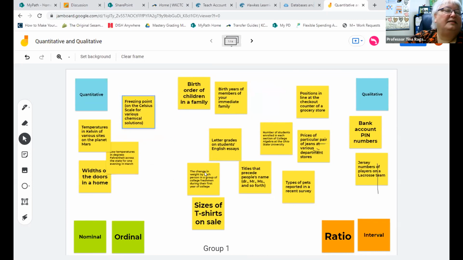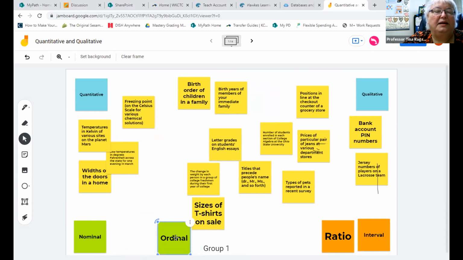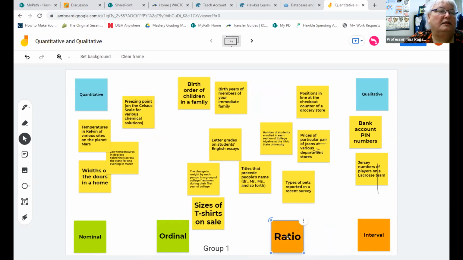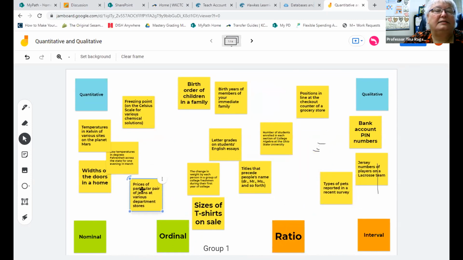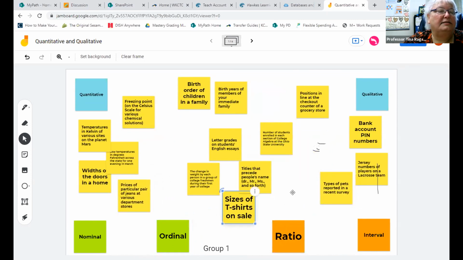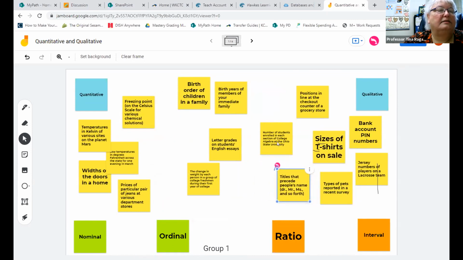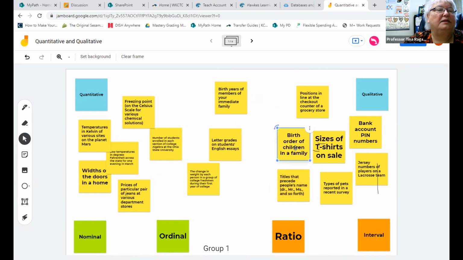So we don't have to take time to do them all, but then you can sort them, and then you can just break these up and then let them sort those. Types of pets, prices, sizes, titles, numbers, birth order, positions in line, birth years.